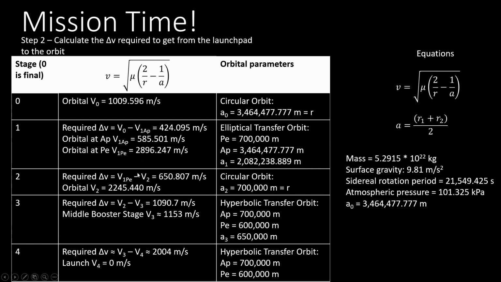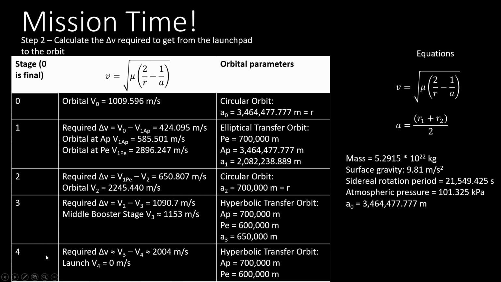And so by finding the difference between the two terms, we're able to find how much delta V, how much velocity we need to gain in order to get from a circular orbit to this transfer orbit. And the same goes from 1 to 0, so from the transfer orbit to the circular orbit.